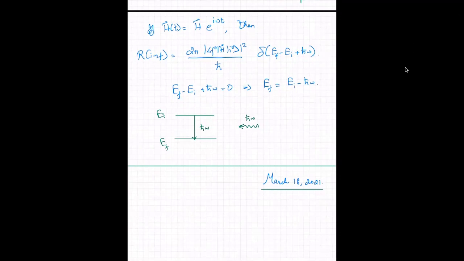Okay, so we will continue at this stage, and let me remind you that if you have, for example, a cosine omega t or a sine omega t, which contains both e to the plus i omega t and e to the minus i omega t, then in general, both of these are possible. Emission and absorption are both possible.